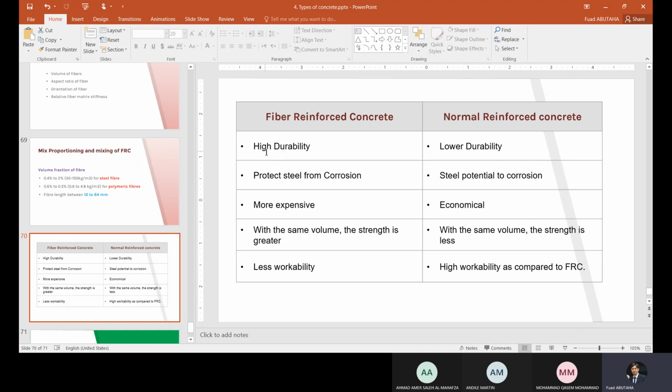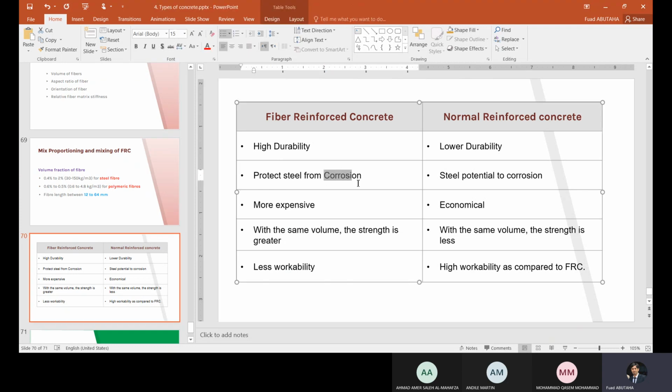The concrete with fiber will show higher durability compared to the concrete that has no fibers. The concrete that has fiber can protect steel from corrosion, and protect the steel from water penetration reaching it. But here there is a potential for the steel fibers to corrode.